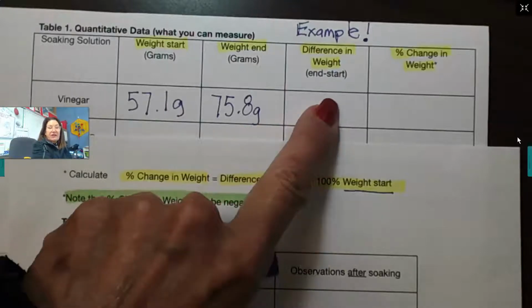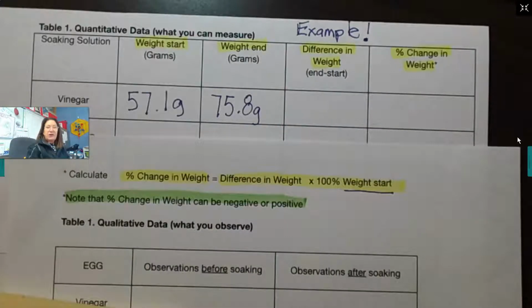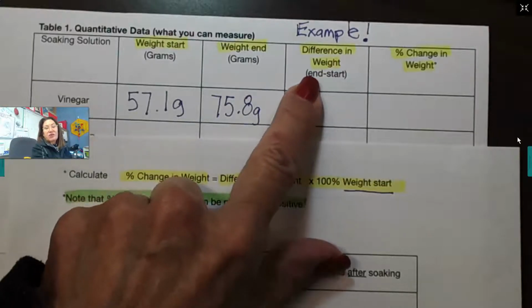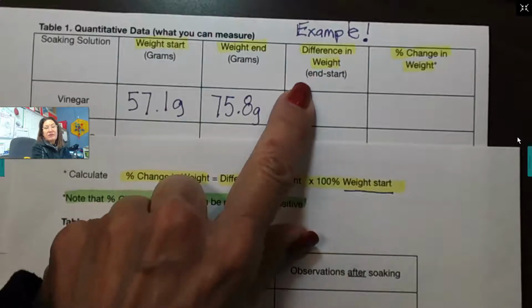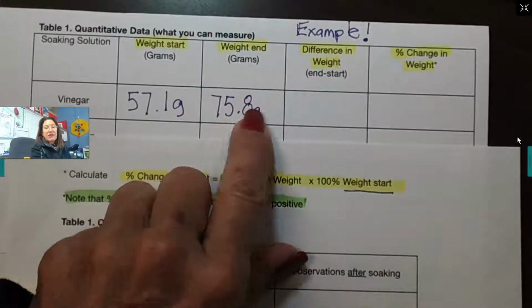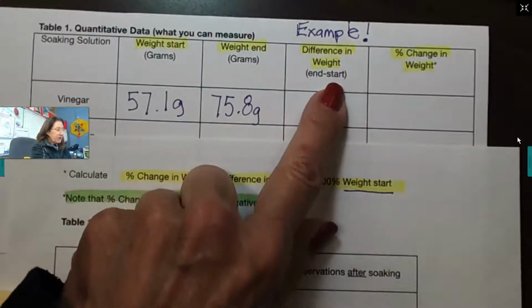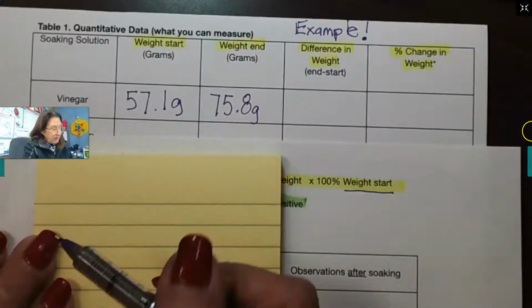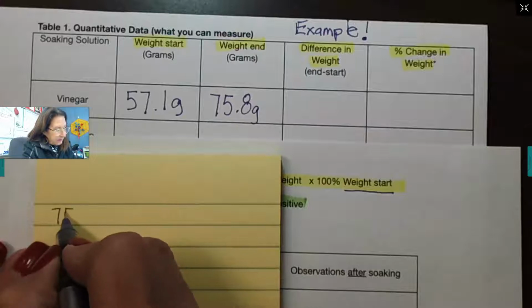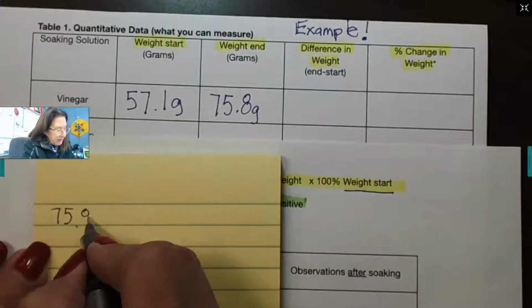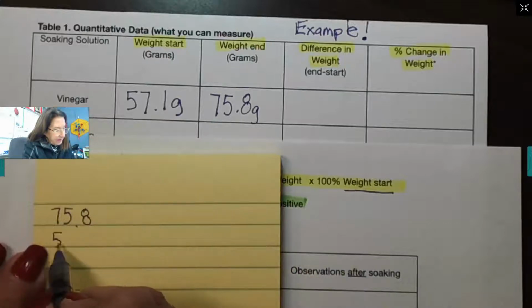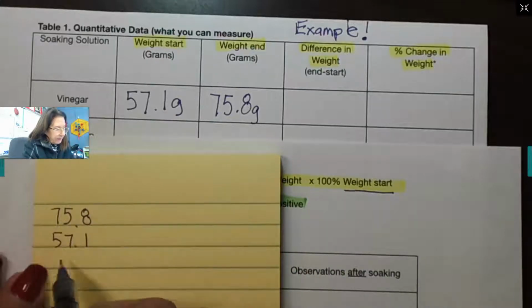So to do these calculations, what we have to do is first we're going to do the difference in weight. So we're going to get the end weight, which is here, and we're going to subtract it from the start, which is here. So my end weight is 75.8, and my start is 57.1.